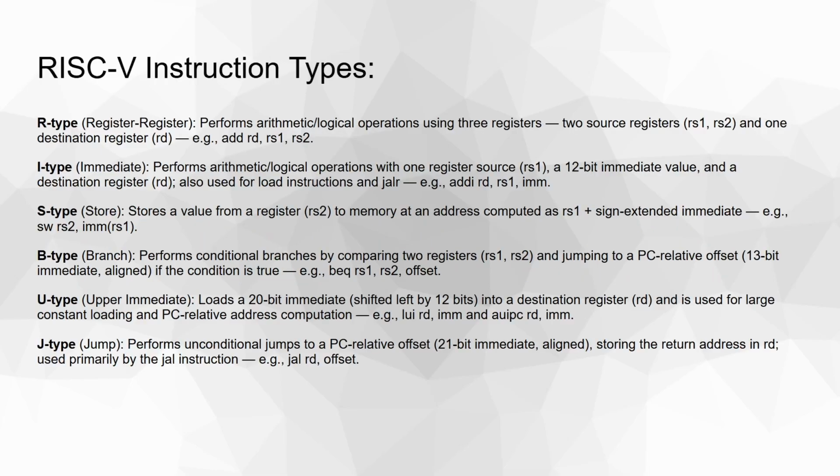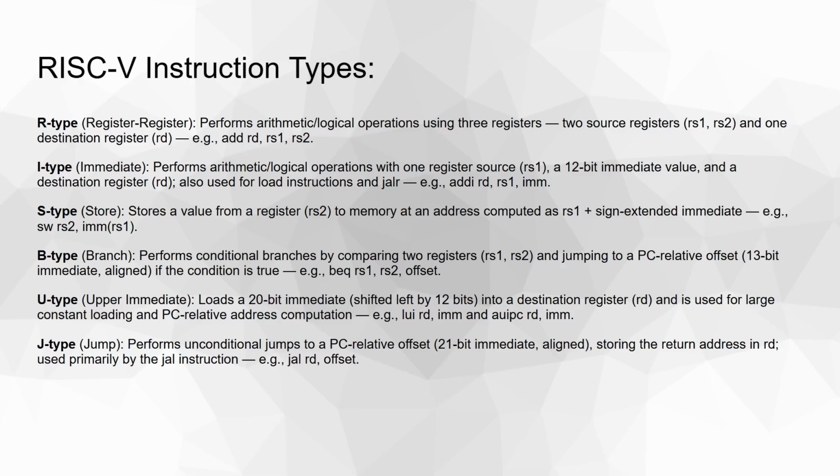So there are a couple RISC-V instruction types. Probably the most important are your R-type, I-type, and J-type, as the other three are kind of similar to the other ones. For your R-type instructions, you can think of this as register to register. It performs a logical operation using two source registers and then outputs it into a destination register.